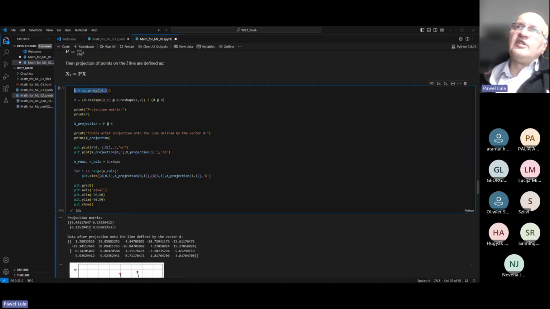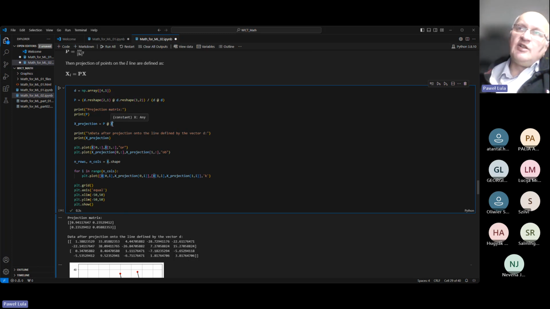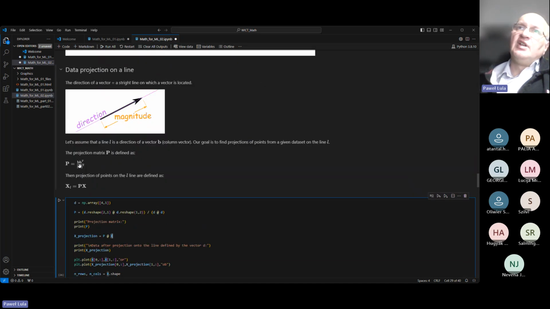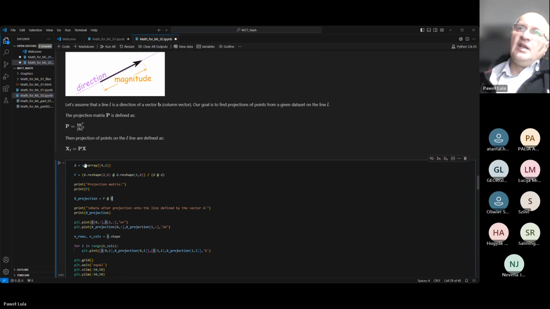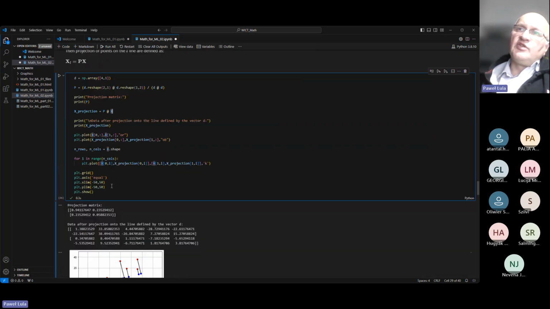This projection matrix is here. And I have my data set here after the centering operation. And I transformed it using this transformation matrix P, which was defined here. This matrix was defined using this formula. And I plotted these points.